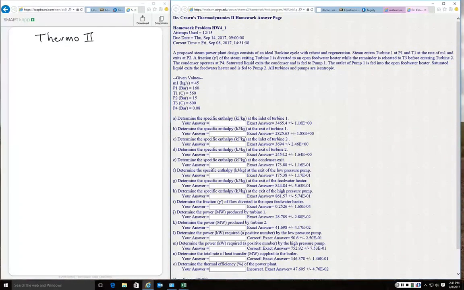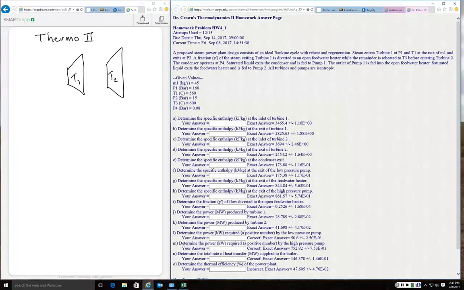Okay, so it's an ideal Rankine cycle with reheat and regeneration. The problem mentions a turbine 1, a turbine 2, and I believe just 2 turbines. So let's sketch those out. So we know we have turbine 1 and turbine 2.